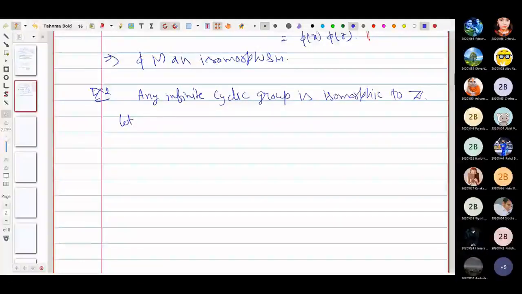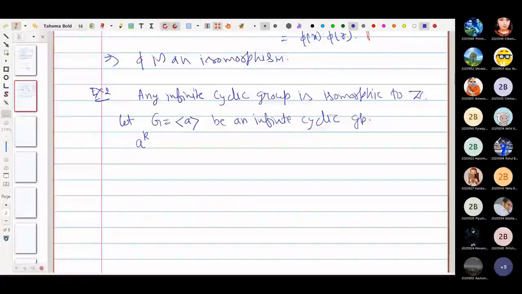So we can take G generated by a to be an infinite cyclic group. Can you tell me the form of elements G must have? a to the power k.